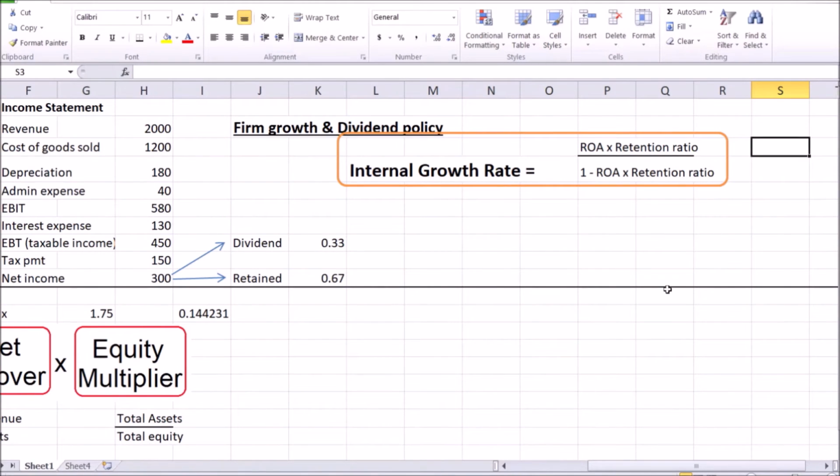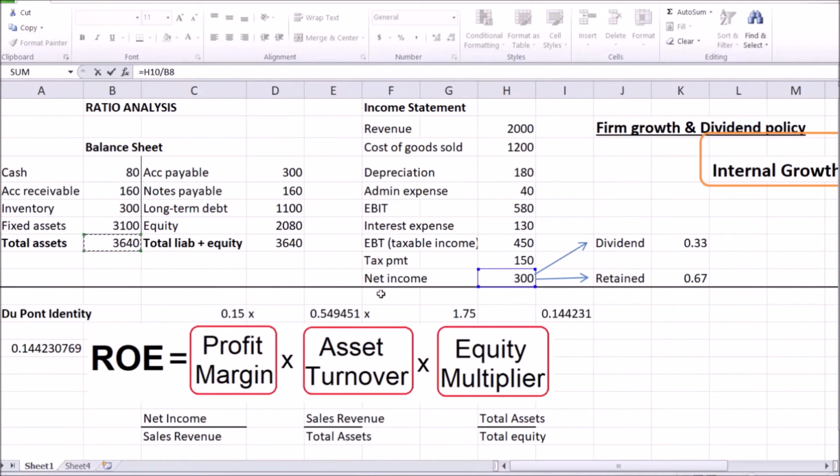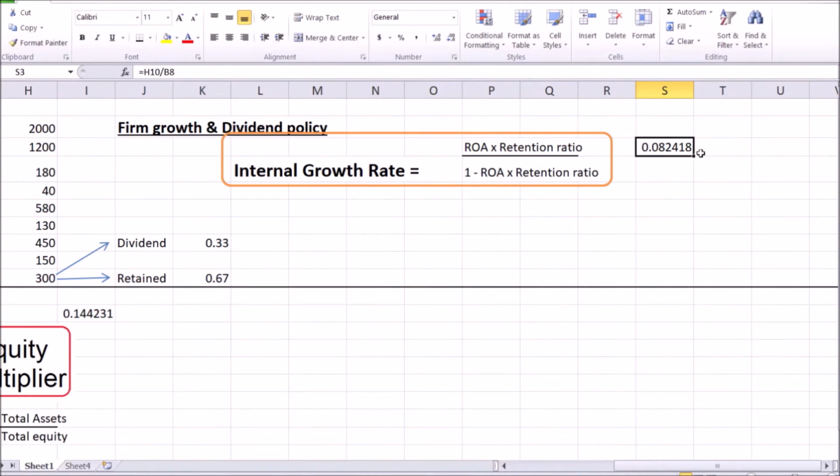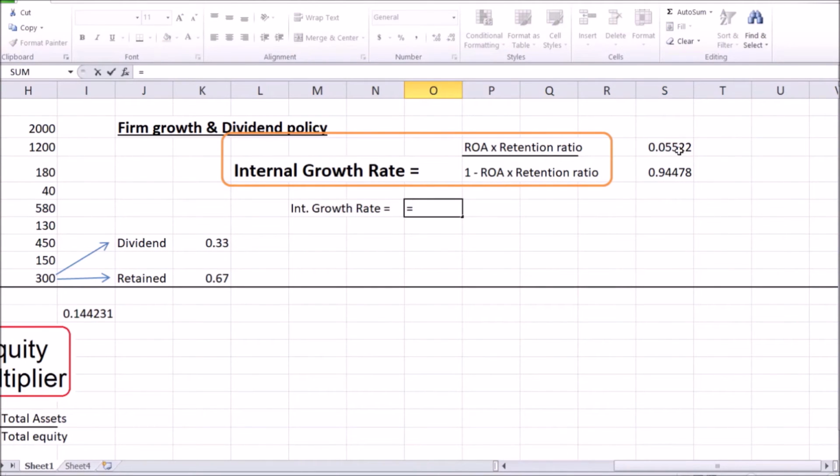In our particular example, return on assets is of course net income divided by total assets, that is around 8.2%, and we want to multiply that by the retention ratio, where our numerator is around 0.055, and the denominator is actually 1 minus the amount in the numerator, with the internal growth rate being equal to a ratio of these two numbers, giving us around the 5.8% growth rate per year in the company size.